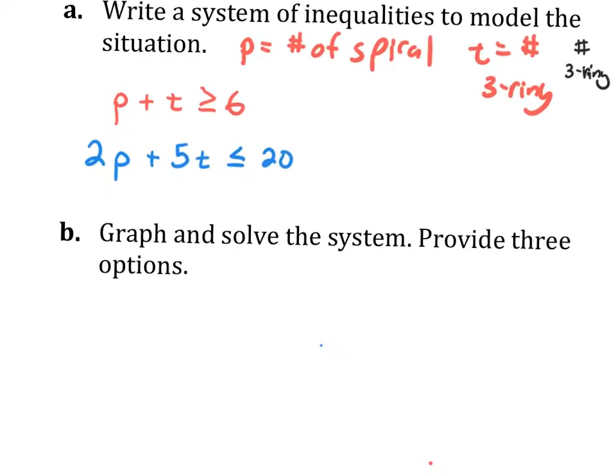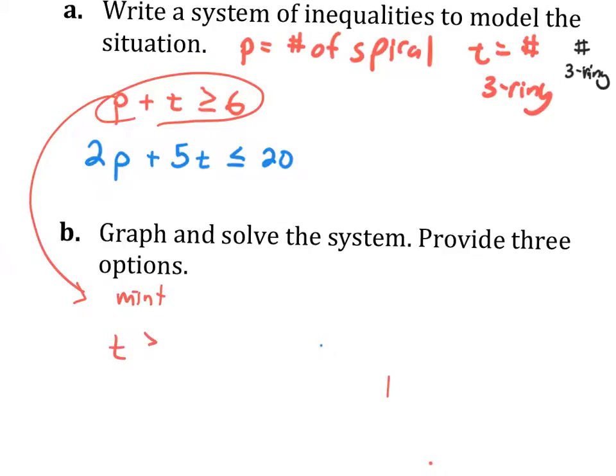Okay, now to graph. Choose whatever method you want. In fact, maybe for this one, I'll choose slope-intercept form. If I chose slope-intercept form, I have to solve for T. So T is greater than or equal to negative P plus 6. So the question was, why did I use this 2 and this 5? $2 per notebook.